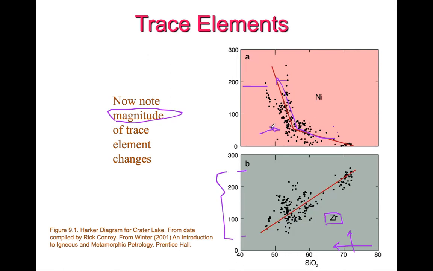So zirconium might not be sensitive for that particular process. That is also a possible reason. Okay. So anyway, the importance of studying trace elements is this. The magnitude wise, the elemental change is highly emphasized there in igneous processes.